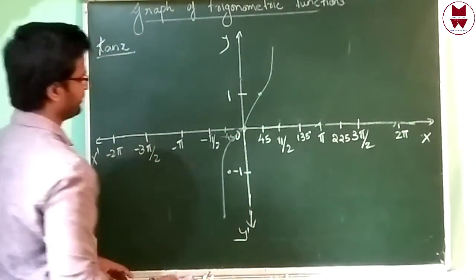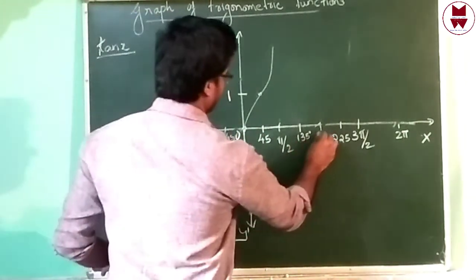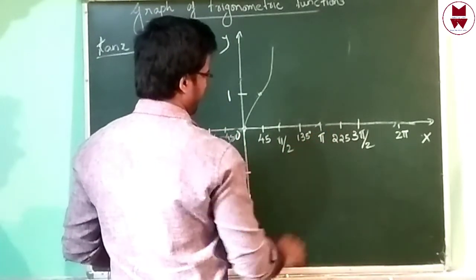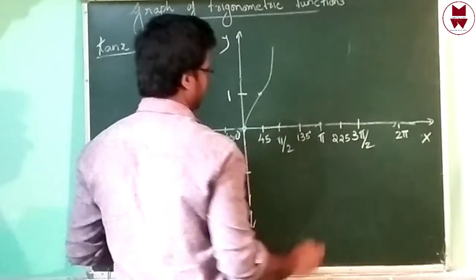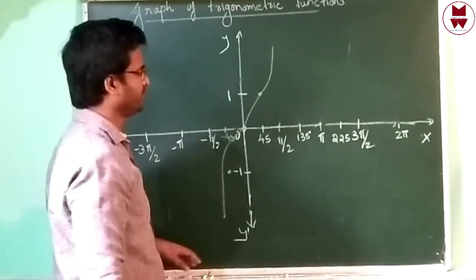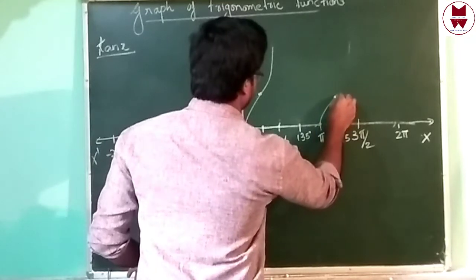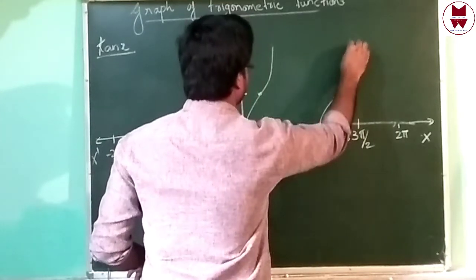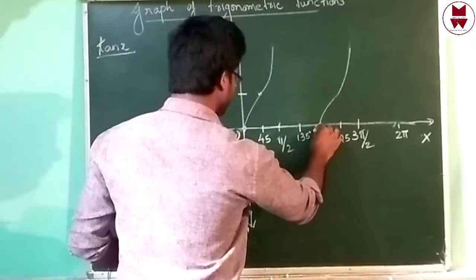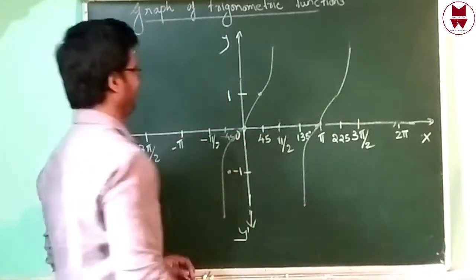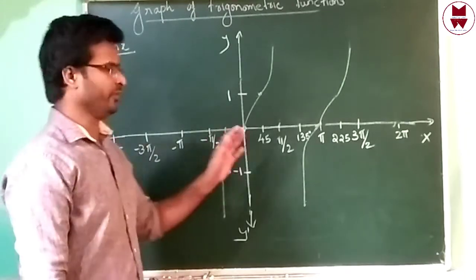Then next, at pi, tan pi is 0, then at 225 we'll get 1, and here 135 is minus 1. This is the graph of tan.